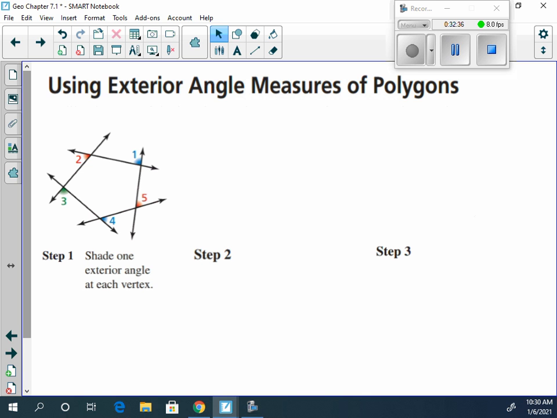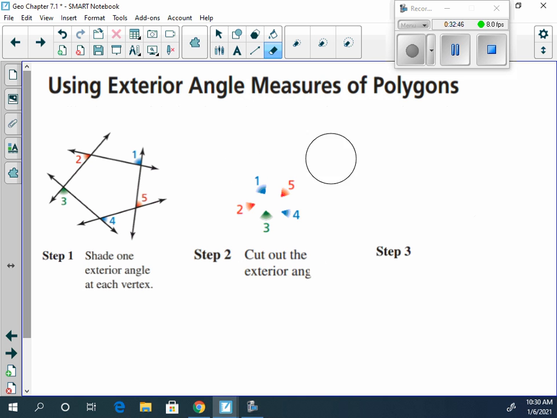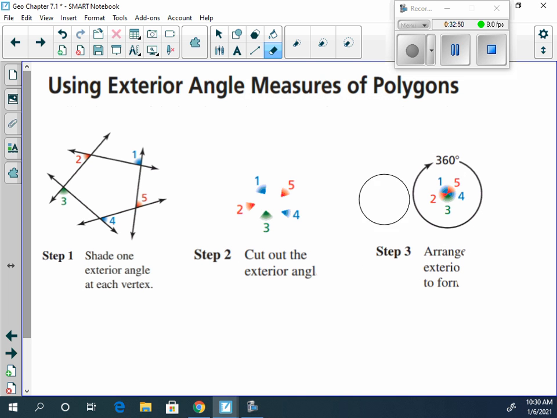Can I change the size of the shape without changing the angles? Because I can make it bigger or smaller, yes? So what I'm going to do is shrink the shape. Or really, they're going to cut out the angles. And if I put those together, what we get is 360.